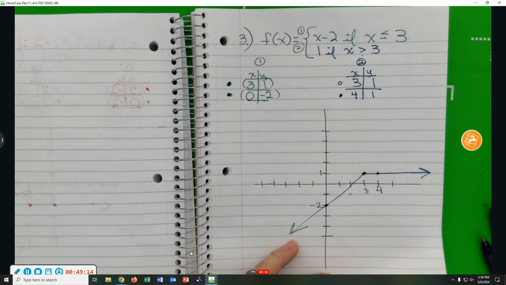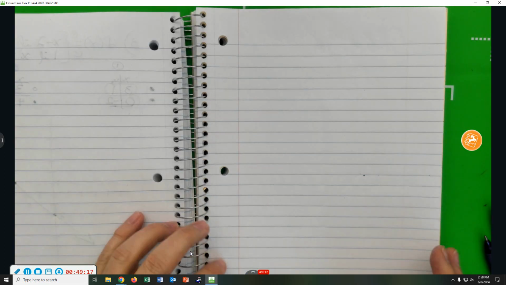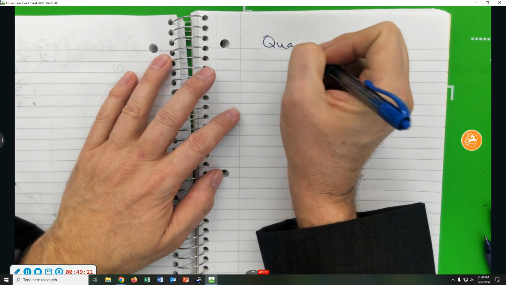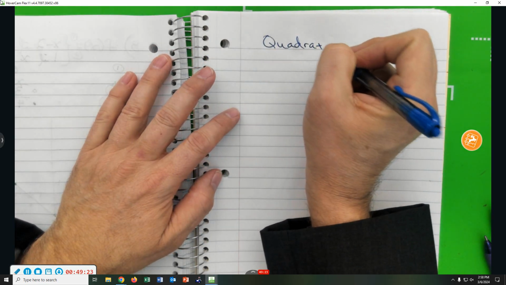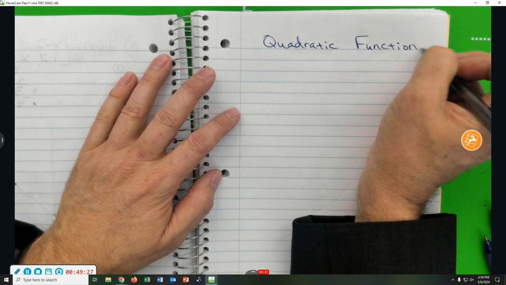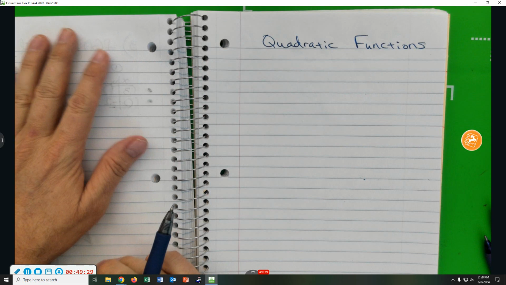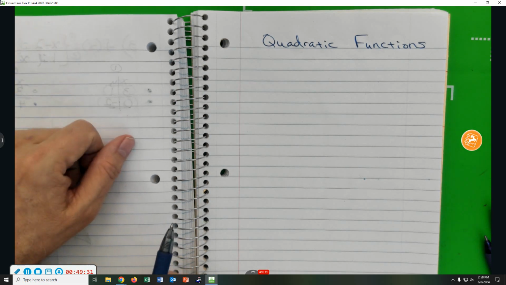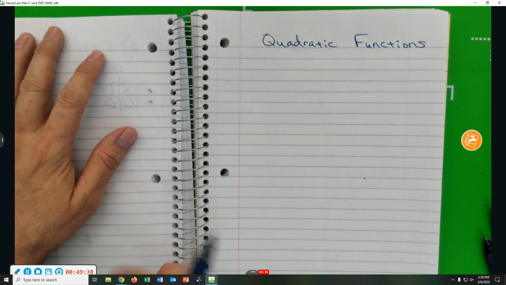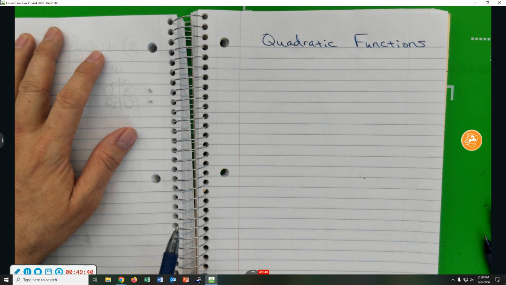Okay. The second topic in this section is quadratic functions. We've actually already graphed quadratic functions before, in that first section over graphing tools. A quadratic function is any function that's defined by a quadratic expression.